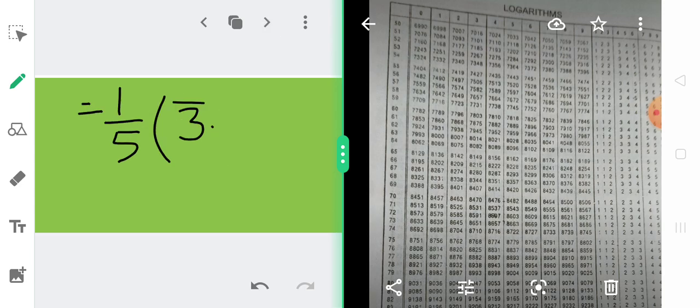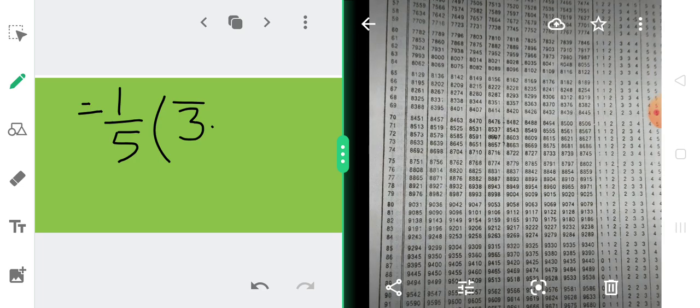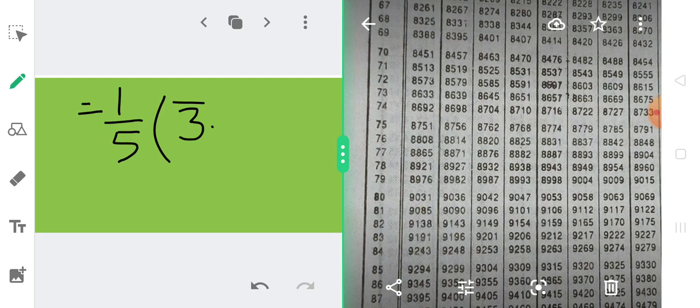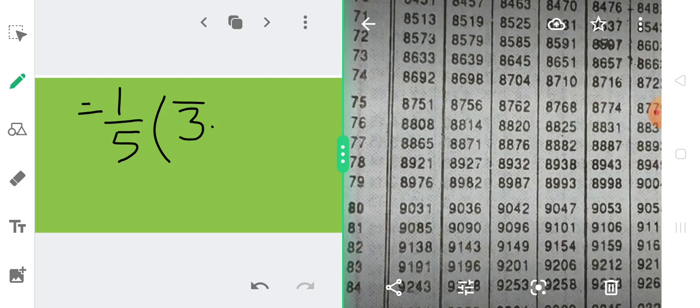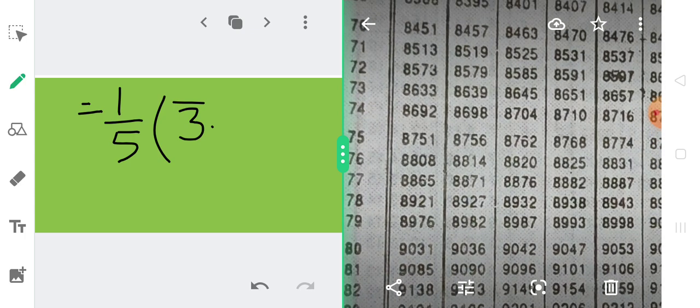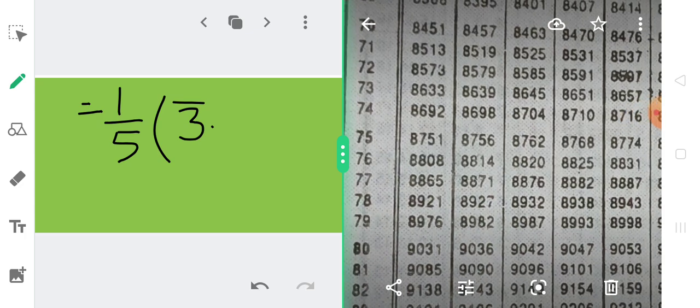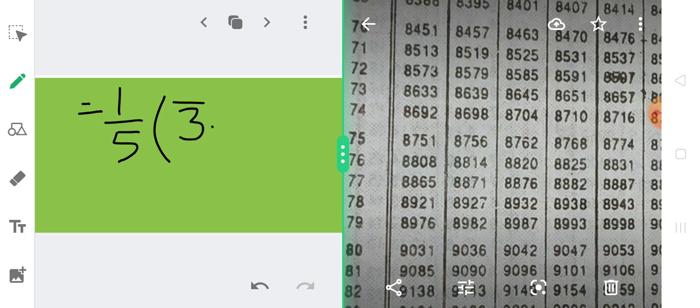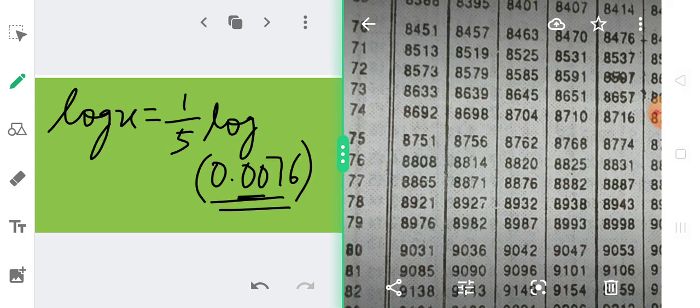So the number is 76. Okay, 76. So you can see the log tables. Let me proceed to 76. See, this is 76. Can you see? And what is the number? 8808, isn't it? For 76, the number is 8808. See, we don't need to move up till any other column.